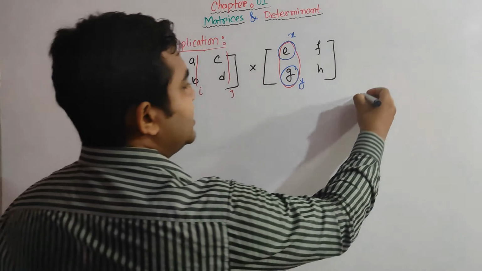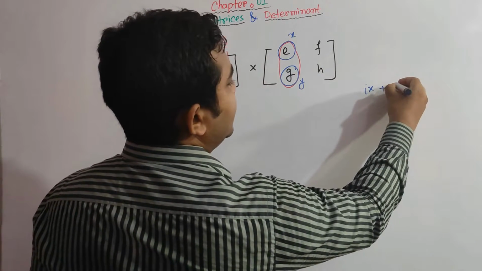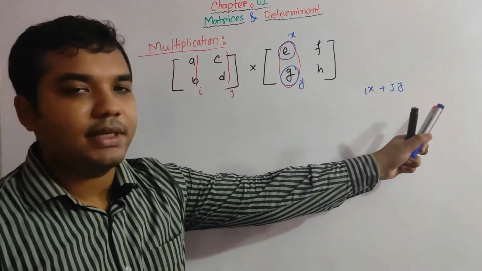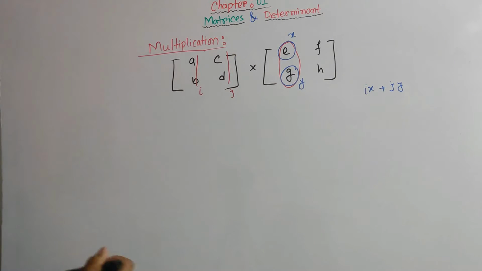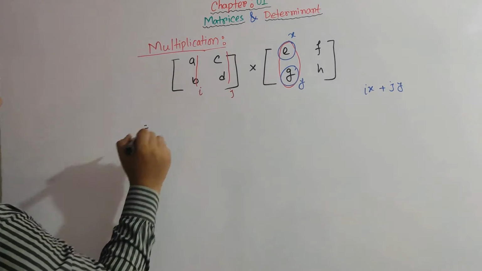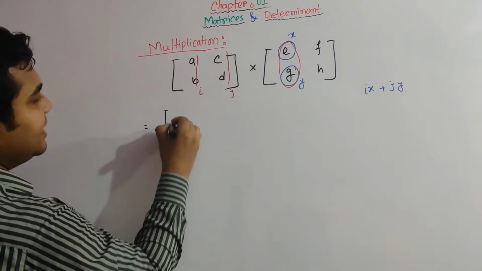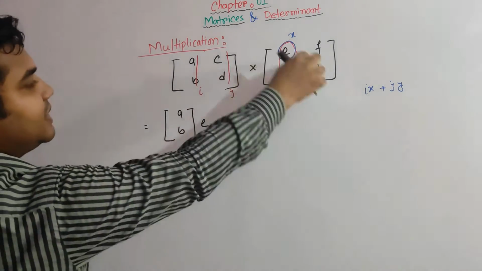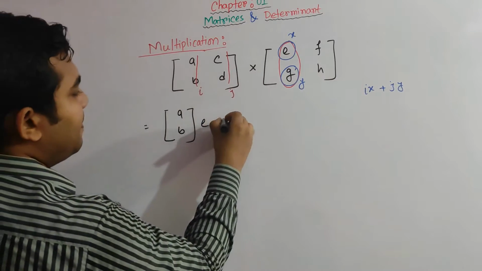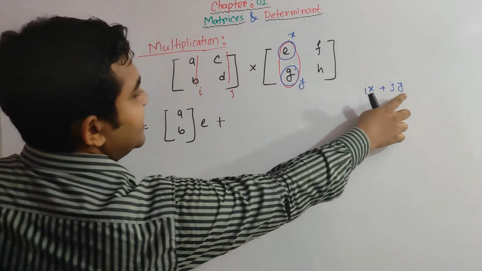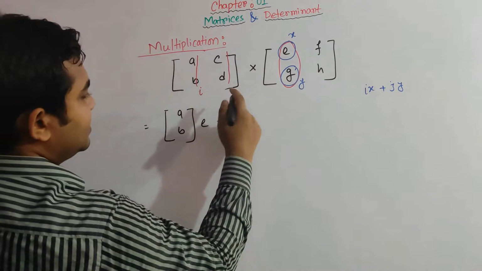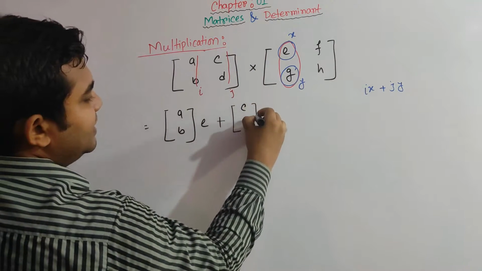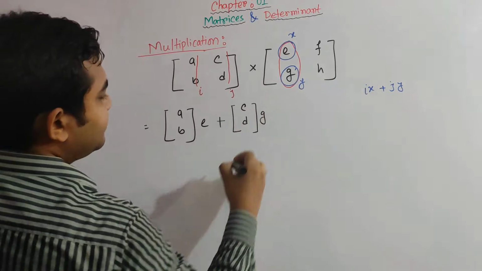Our formula was i into x plus j into y, isn't it? So if our formula is this, how can we go for this calculation? Here this is our i, so i is a, b, and multiply with e because e is our x. Plus j, and j means this column, that is c, d, multiplied with z.